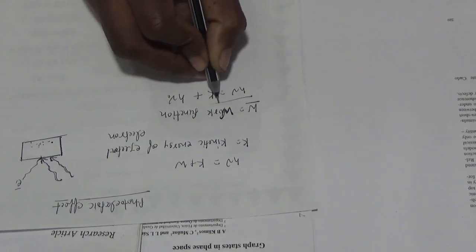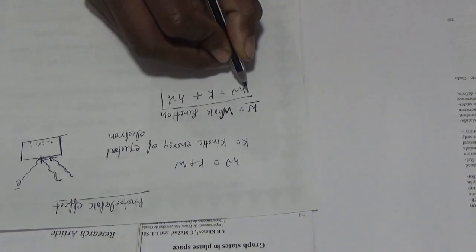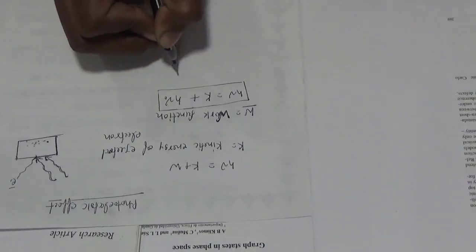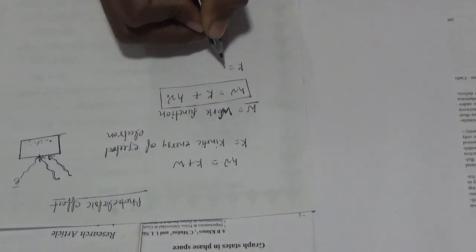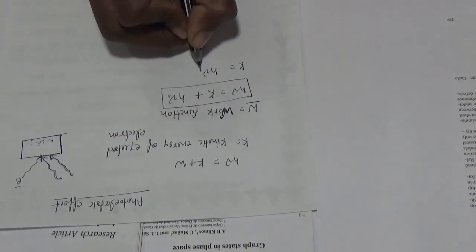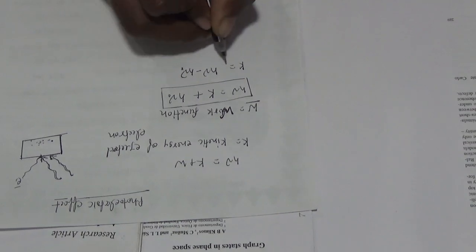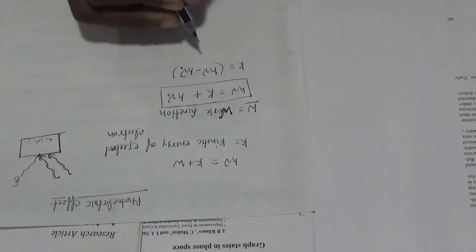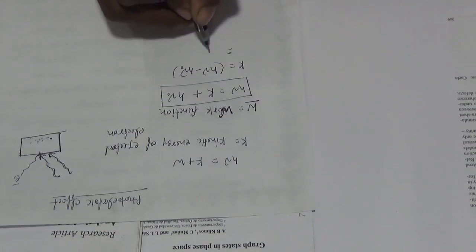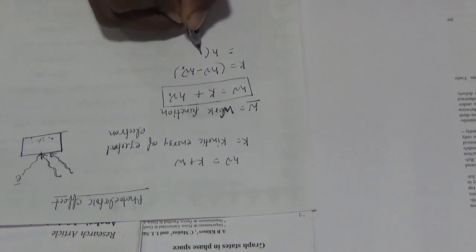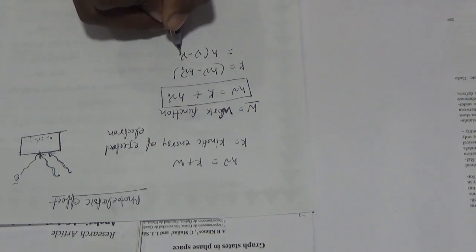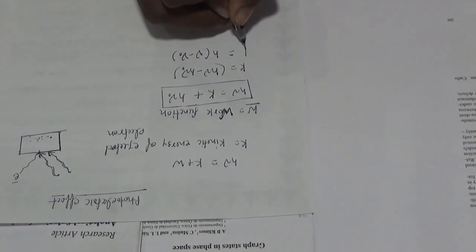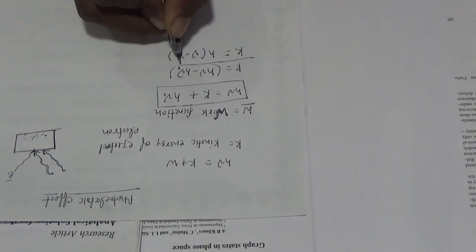The photoelectric equation is h nu is equal to K plus h nu naught. Friends, here K is equal to h nu minus h nu naught. K is the kinetic energy of the ejected electrons. Here we can take h common, so K is equal to h times nu minus nu naught.